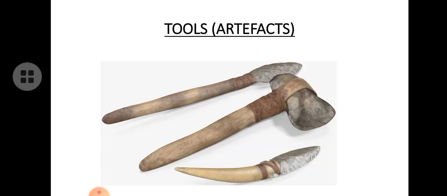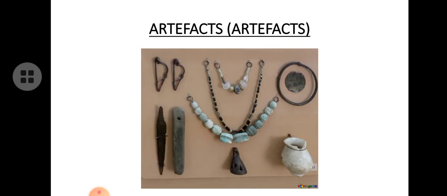And the third artifact is tools. Man using stones made tools. Look at the picture. These are stone tools used by prehistoric man. They are also made using hands, so they come under artifacts. And another is ornaments.